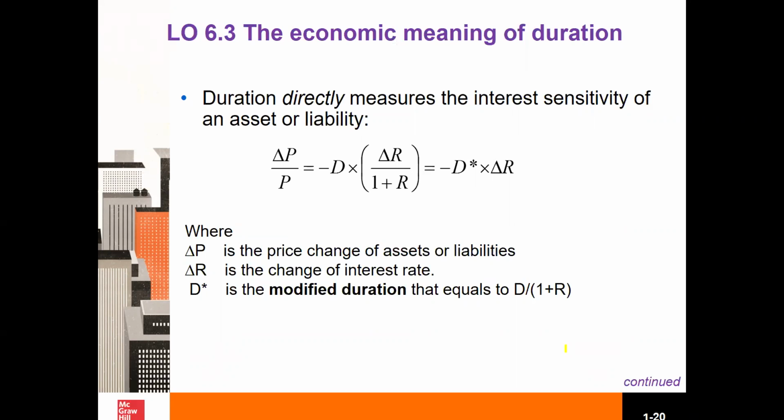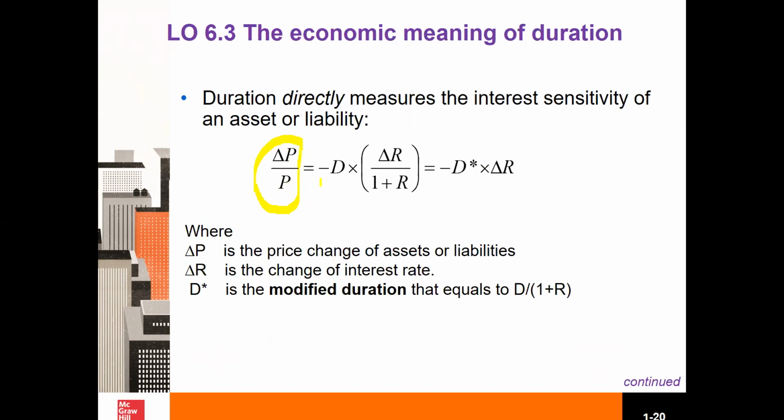In other words, the larger the numerical value of D that is calculated for an asset and liability, I mean duration, the more sensitive the price of the asset or liability to change in interest rates. So if you look at this equation, the left-hand side is the change in price, change in market values, so change in price divided by the baseline price.